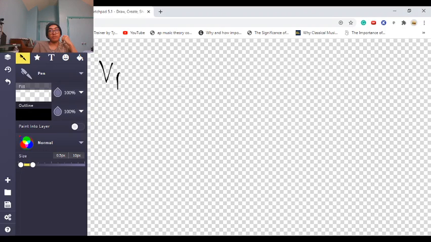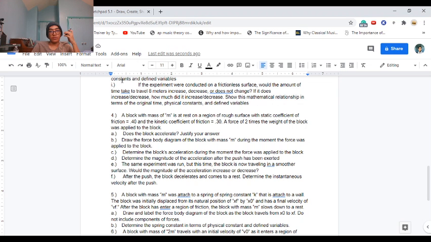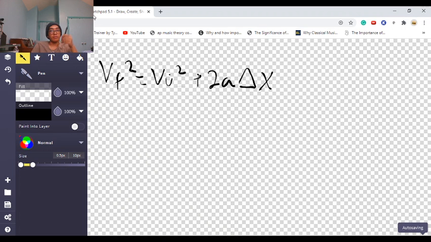That is v final squared equals v initial squared plus 2a, the acceleration times the distance it has traveled. Yes, so this is going to be it. Now, we know it's going to come to rest, so the v final term is going to cancel out.